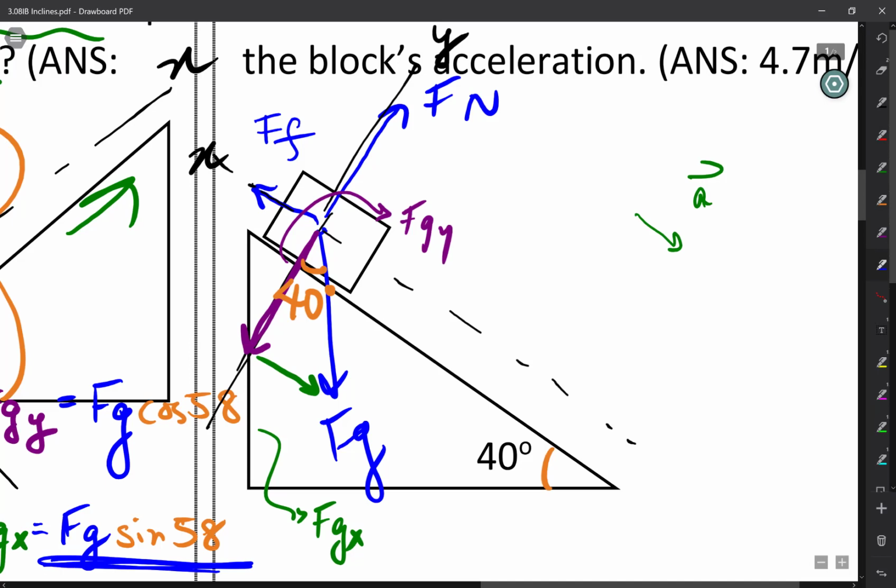Again, I'm going to write this using FG. FGY is the adjacent side of my angle, so this is FG cosine of 40 degrees. Down over here, I have FGX. FGX is opposite to 40 degrees, so I have FG sine of 40.